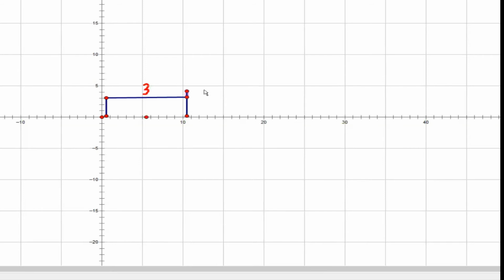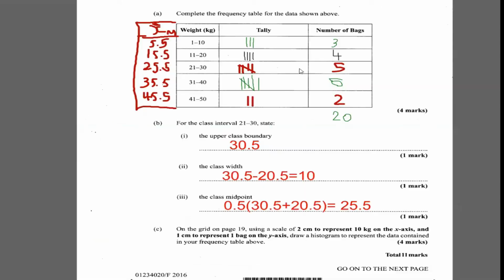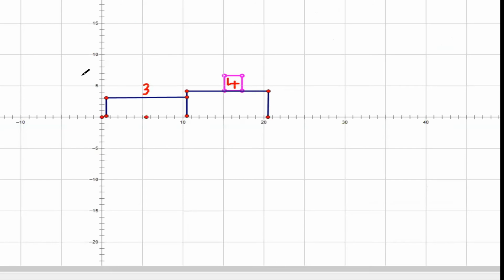Go across to 20.5, and we go down. This is 4. Nice and easy. All right, and then we need 5 to 25.5.